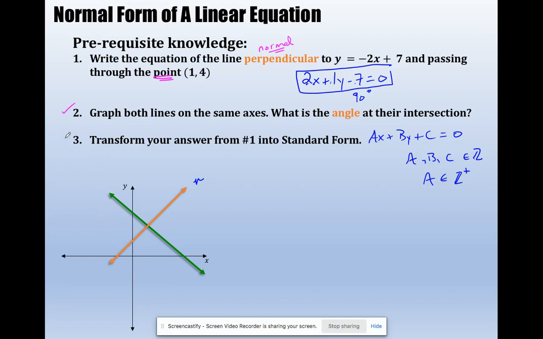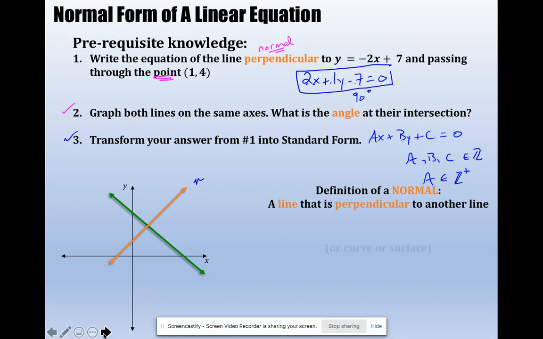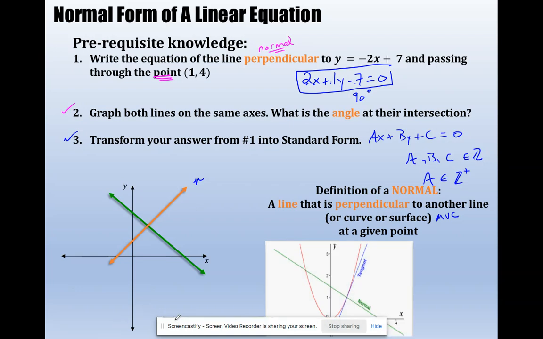Okay, so prerequisite knowledge. A normal is a line that is perpendicular to another line through a given point. However, in multivariable calculus, we use normals a lot. Same kind of thinking, but instead of normal to a line, we're normal to a surface.